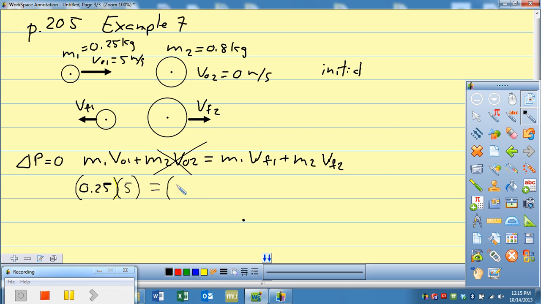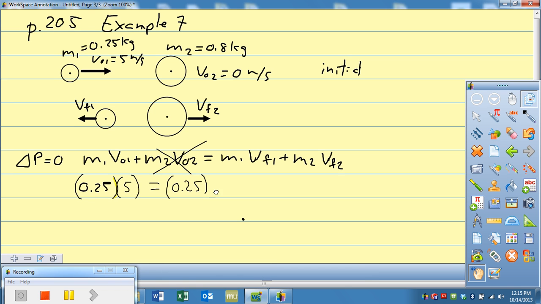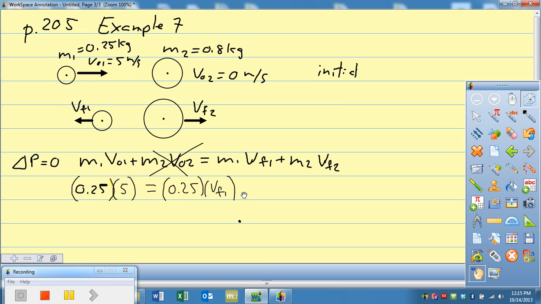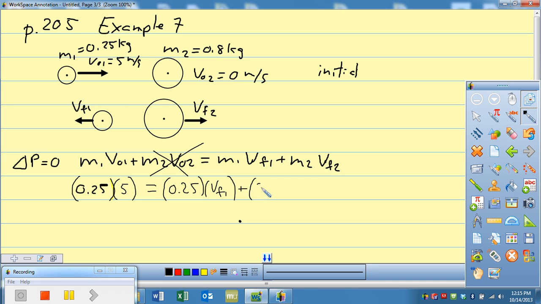M1, which is 0.25 times the final 1 plus M2, which is 0.8 times the final 2.